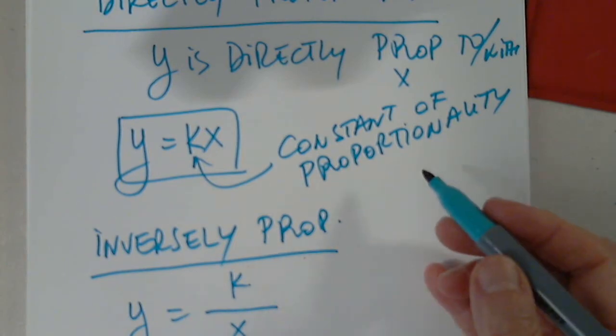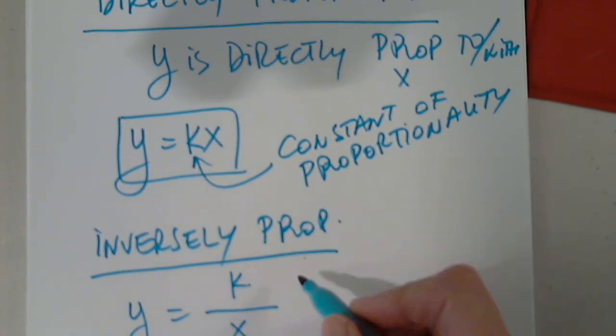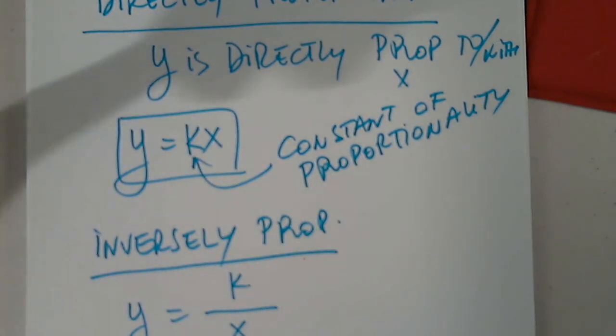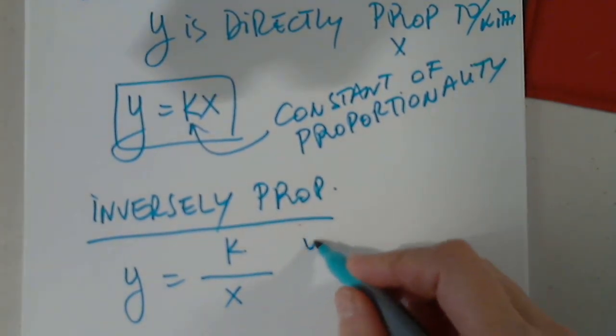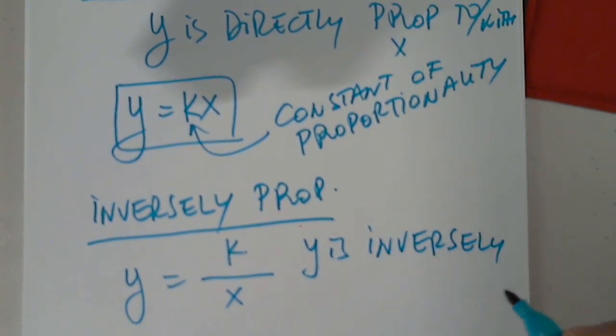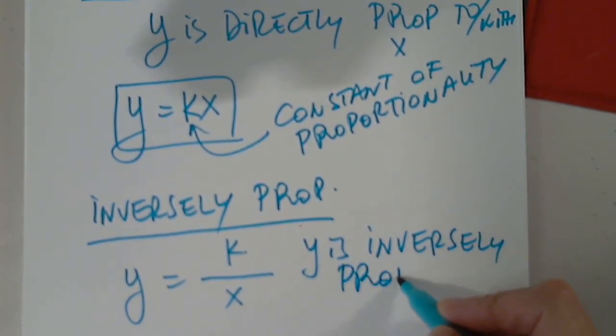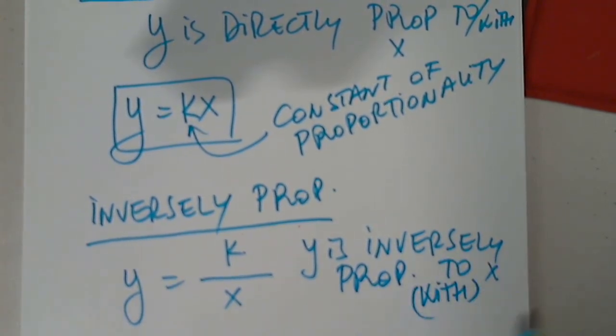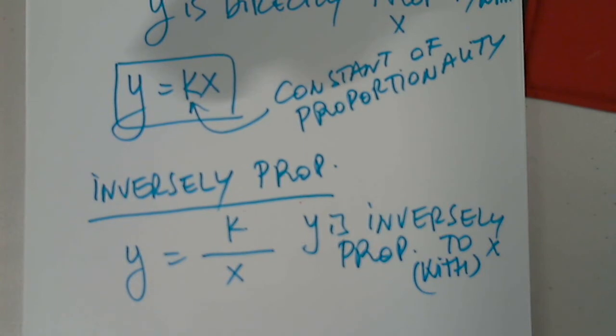Of course, k is still the constant of proportionality, and when we hear or see or read y is inversely proportional to x or with x, then we have that situation. And keep that in mind because it will pop up.